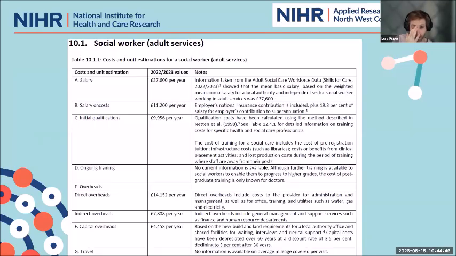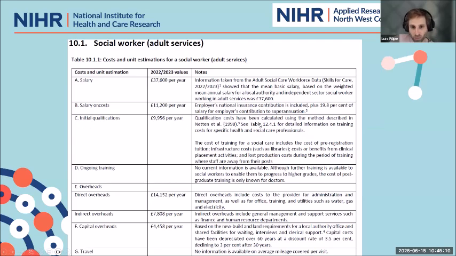unit costs, and the obvious part is the salary. Okay, so we have the salary. I don't think I have to say much about that. Then another part still related to the salary is the on-costs such as national insurance. So that part is pretty obvious as well. But then we have initial qualifications.